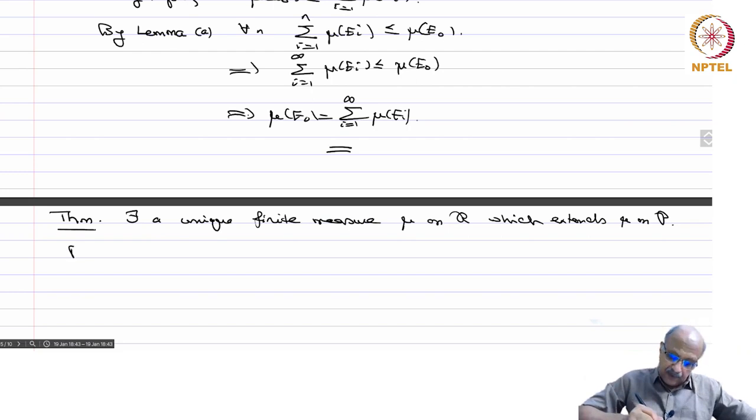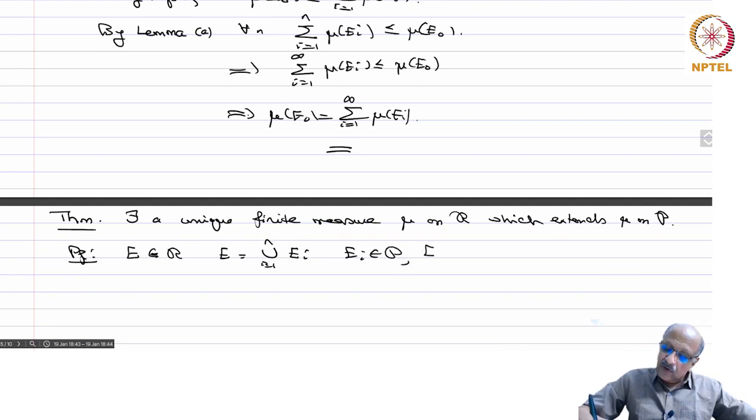Okay, so proof. So let E belong to R. So E is equal to the union Ei, i equals 1 to n, Ei in P, Ei disjoint.